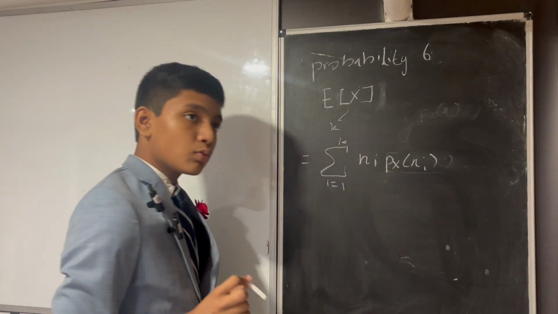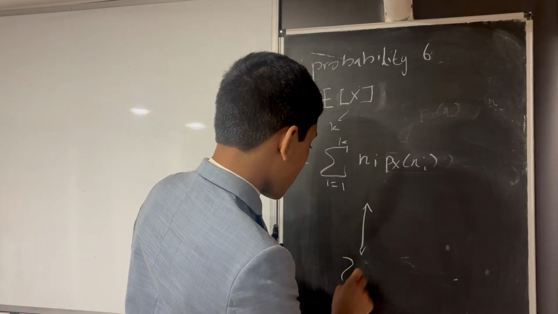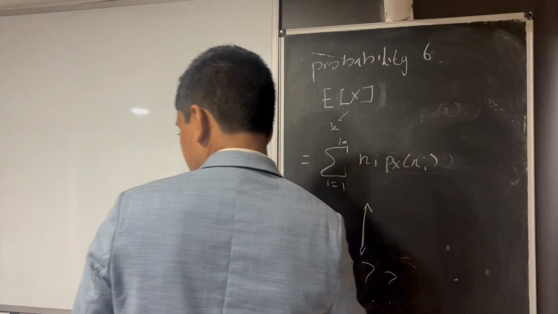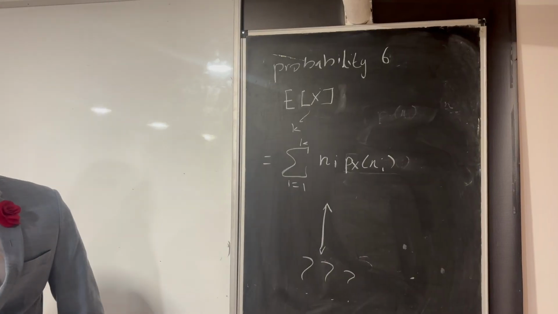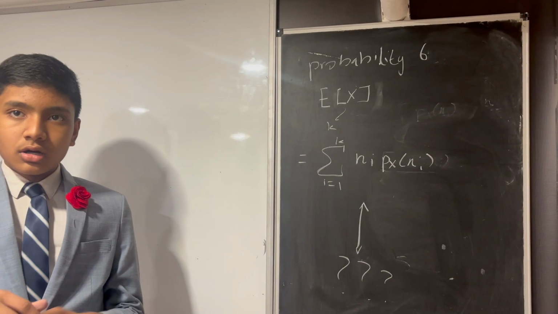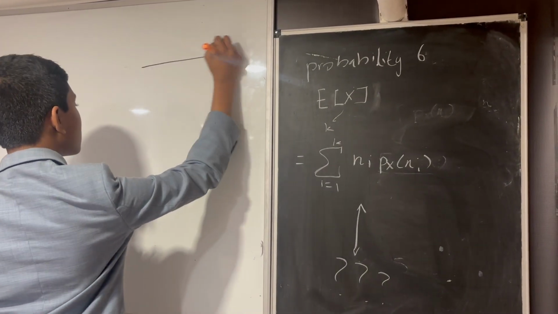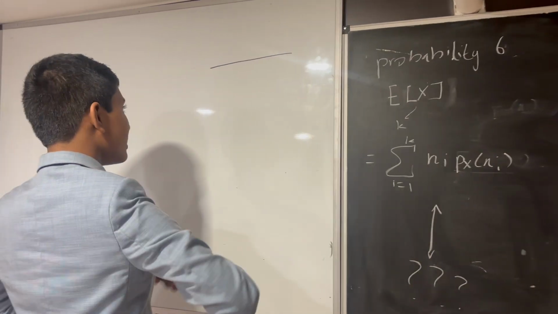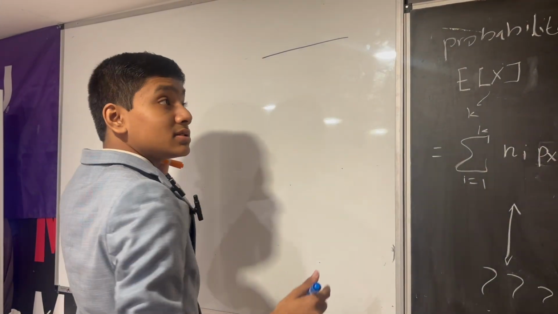Now, you'll notice one critical similarity. But what is it? Okay, so I want to ask you something for a second. Let's say we have the real line. And on this line, there are a few masses.